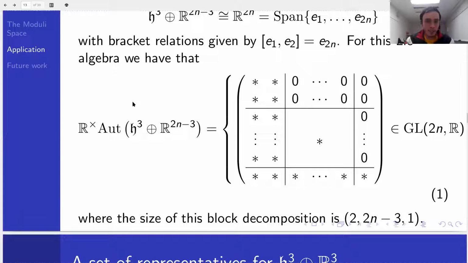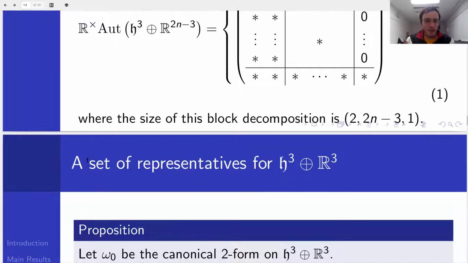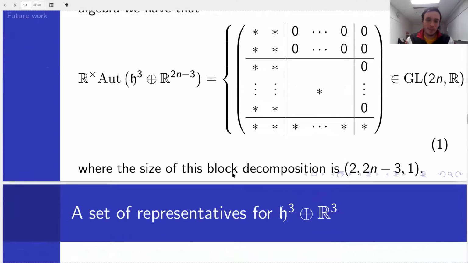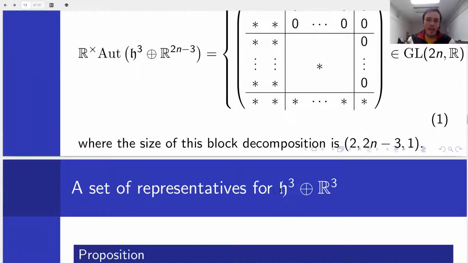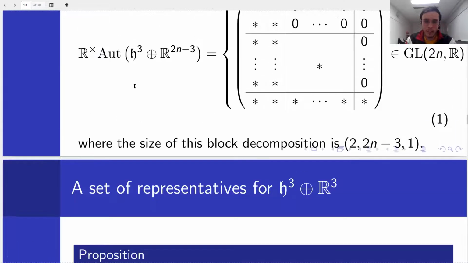Now that we know this, the first step is to have a set of representatives. Here I am talking about the general case, but just because it's easier to write, I will write it for the 6-dimensional case. The general case is the same idea.